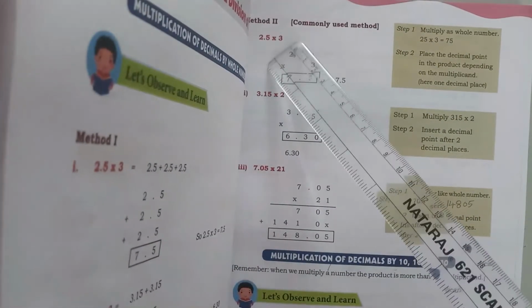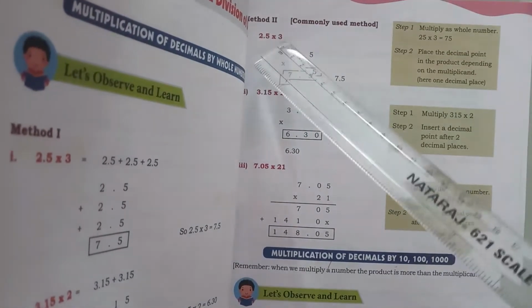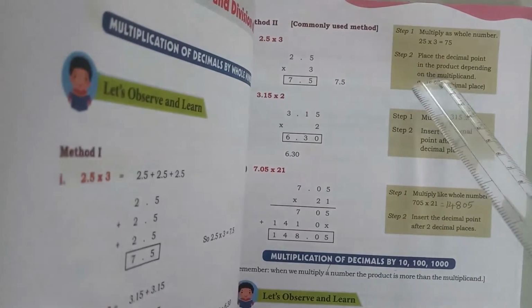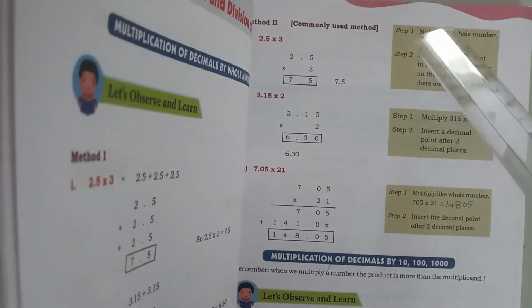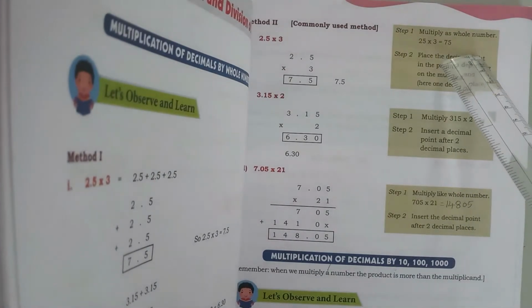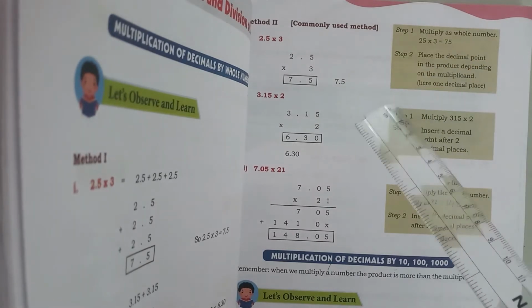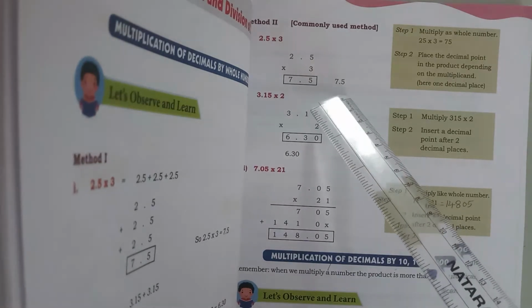Likewise, we shall see the second method. Now, in the second method, see 2.5 into 3. In step 1, what we commonly do is multiply it as a whole number. That is 25 into 3 is equal to how much? 75. So place the decimal point in the product, product means answer, depending on the multiplicand.